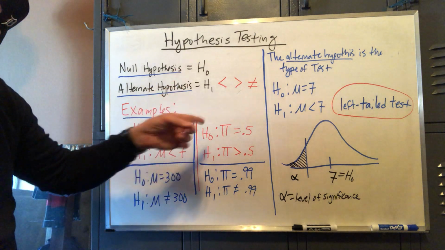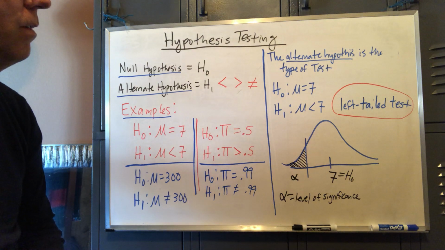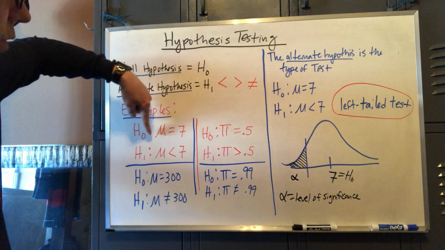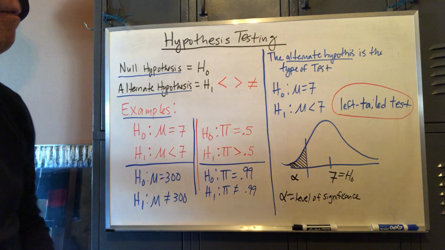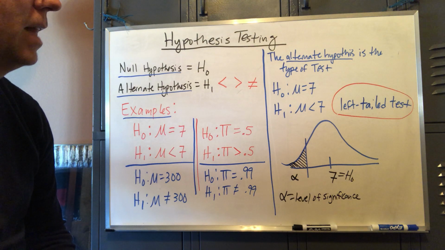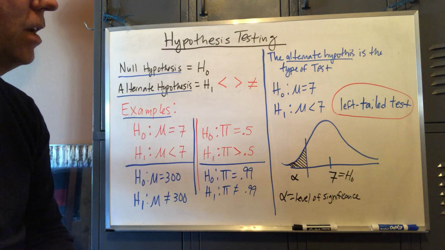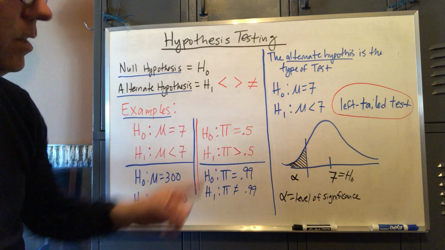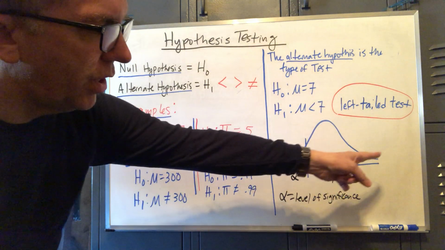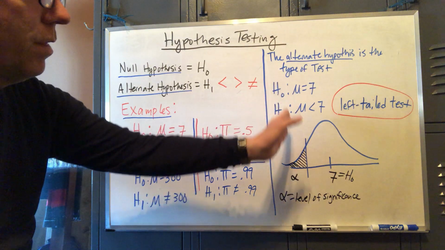All right, so the alternate hypothesis is the type of test that we have. What do we mean by that? Well, let's take the first one that we had. I'm going to rewrite it over here. We have the null hypothesis mu equals 7. That's the population mean equals 7. But my competing claim, my alternate, is that mu is less than 7. So less means left side, right? My values that are less than are on the left side. So my normal distribution that we're going to use for this problem is going to be based on the left side.